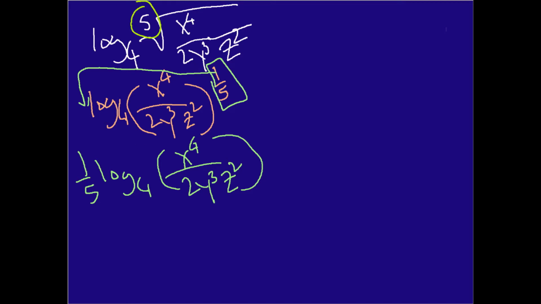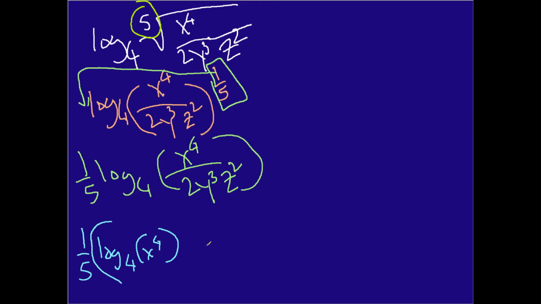I still have my 1/5 out here, but now I have my log base 4, which has not changed, log base 4 of x to the 4, like that. I put that in parentheses. This is going to be outside, so I need a parenthesis right there.